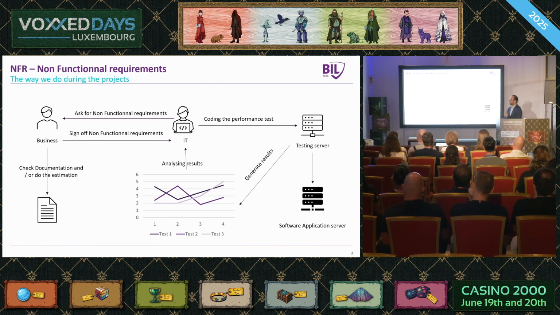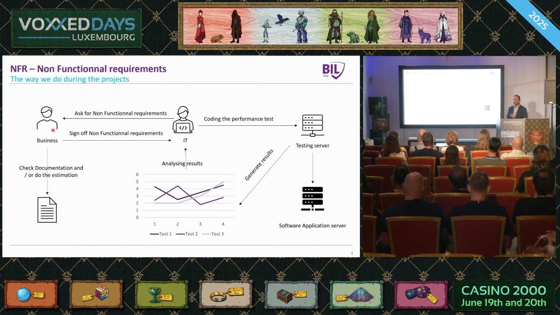How do we define a non-functional requirement? Usually it always starts with the IT asking the business, what is the non-functional requirement? What is the number of files we will receive? What is the number of transactions we will receive per minute, per day, per month?